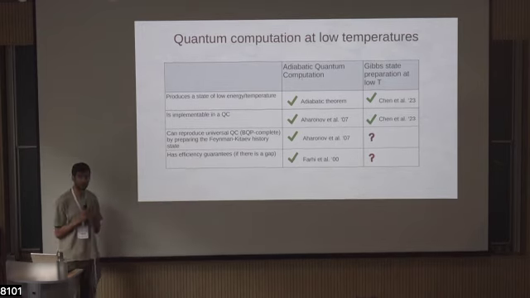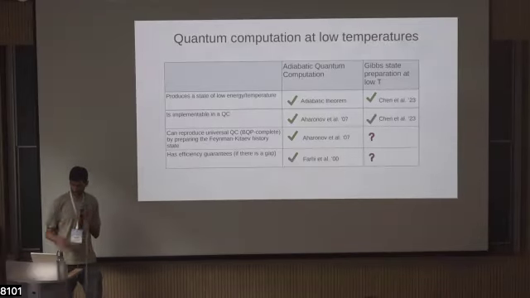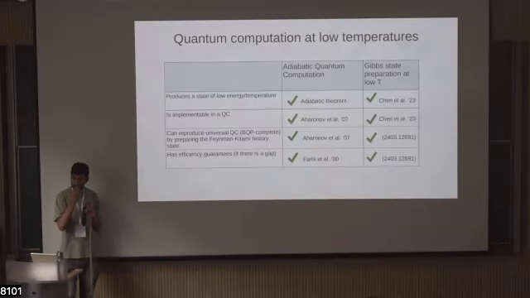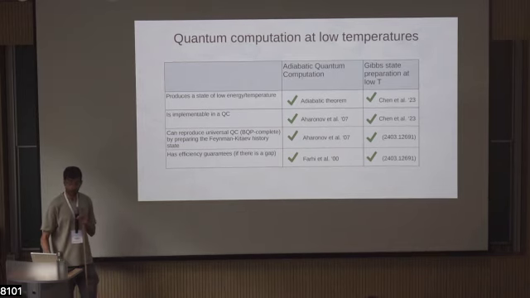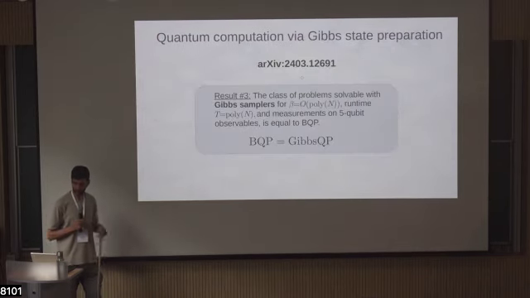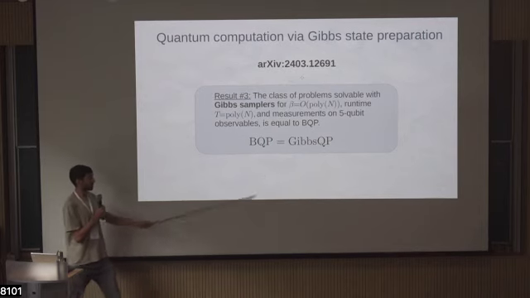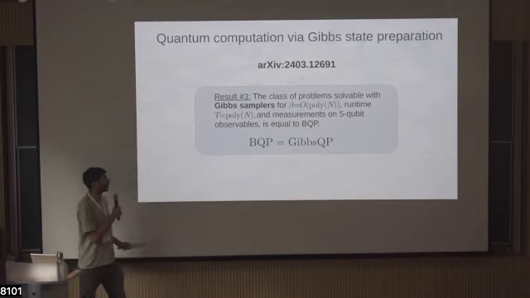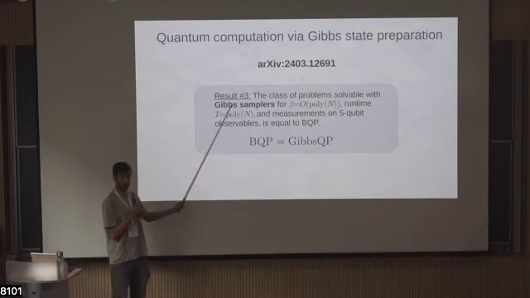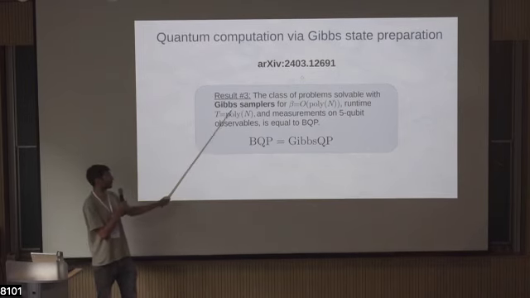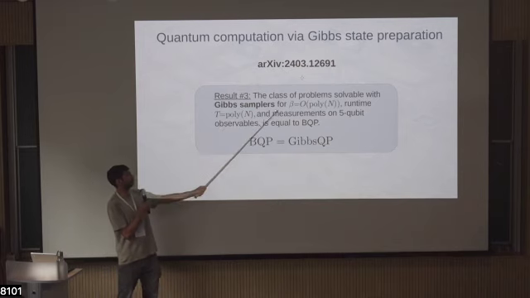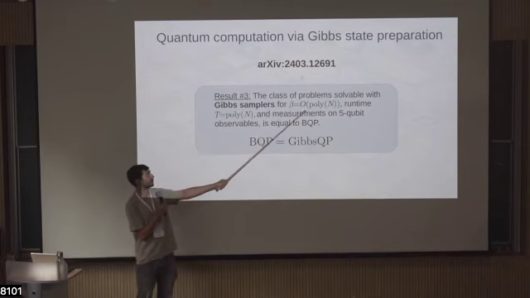Okay, so in order to have a good model of computation that is equivalent to quantum computing, we need to solve these two questions, and this is more or less what we did in this other paper. So the result is the following. We define a class of problems which we call Gibbs QP, which is essentially the class of problems solvable when you have access to Gibbs samplers, and you also need access to very low temperatures, temperatures that are polynomial in system size.